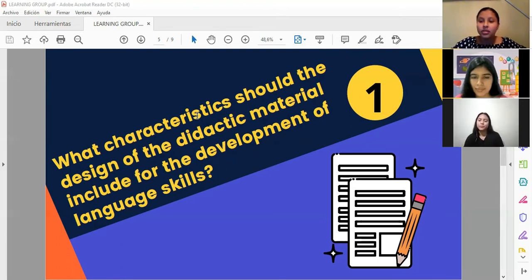Okay. Jennifer Rivera, give me your opinion. The materials must be attractive because they are the tools that facilitate usefulness between the teacher and the student. That is, like any tool and instrument, its effective use depends on how the user uses it. It must also include specific tasks to be carried out in the classroom.